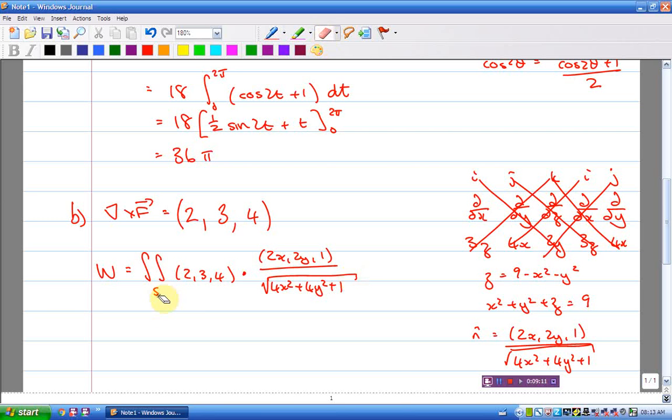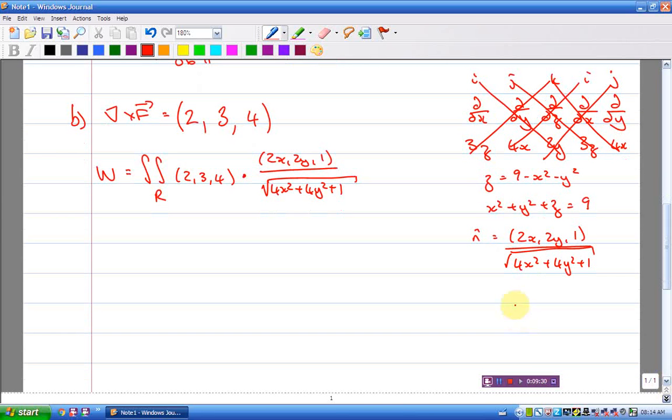And in fact, I've already written S below my double integral, but I'm going to replace it with R. I'm going to project my paraboloid onto one of my coordinate planes, the logical one being the xy plane. When I project it down, I'm just going to get a disk in the xy plane of radius 3.